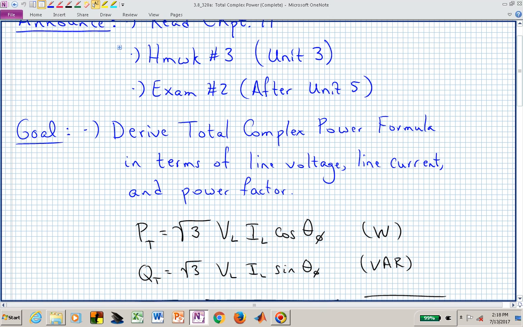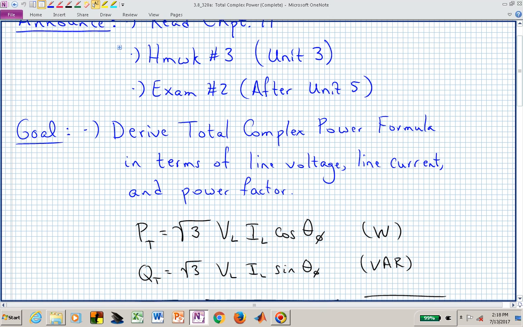And that angle, we could then take the cosine of to get the power factor. Consistent with that is the total reactive power formula, which just needs the reactive factor, which is the sine of that angle. Here are the two formulas that we will want to verify.